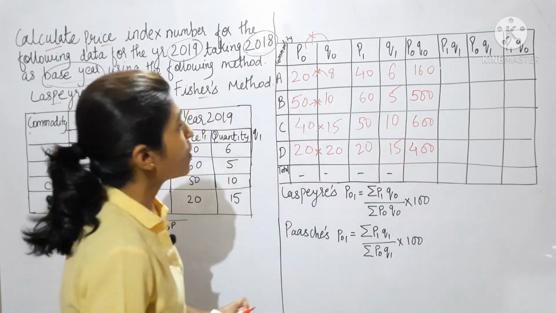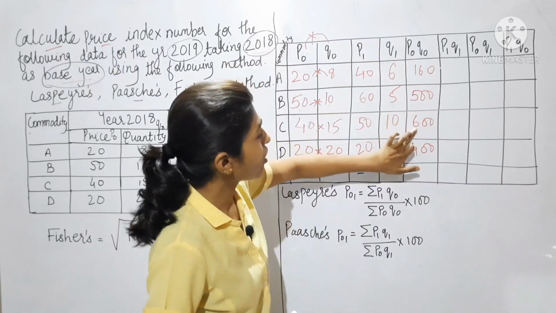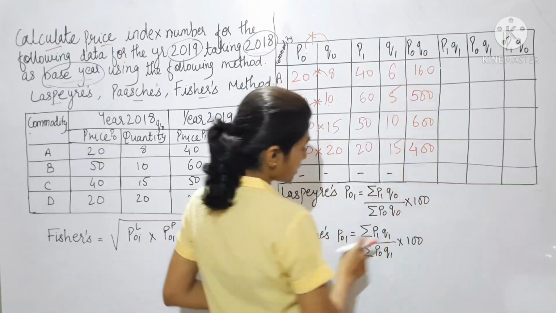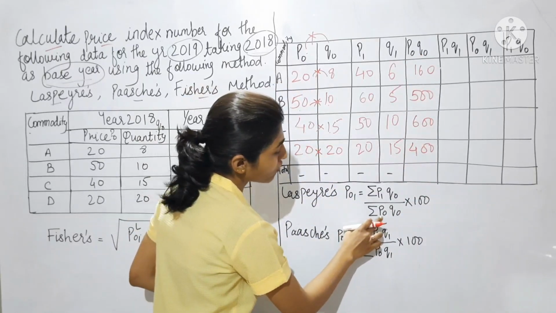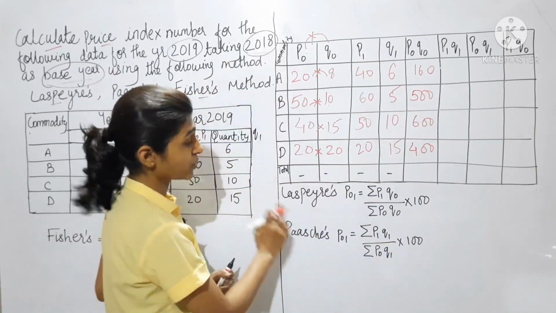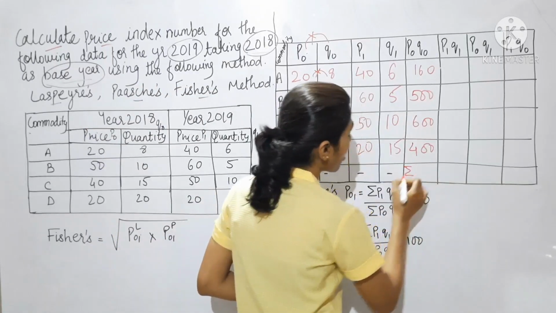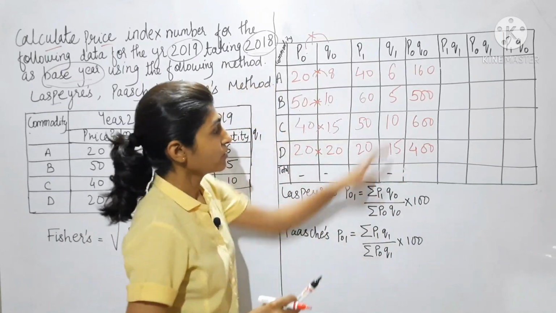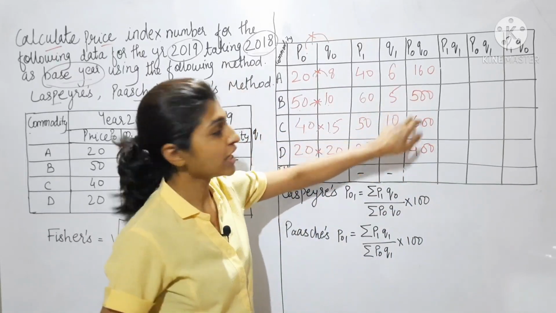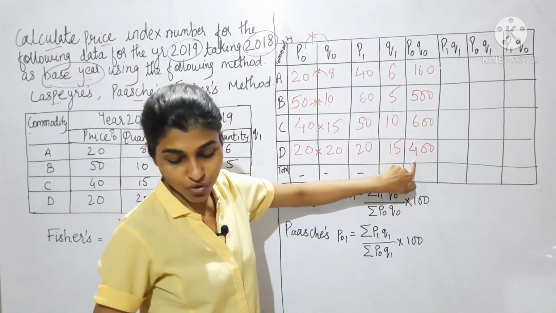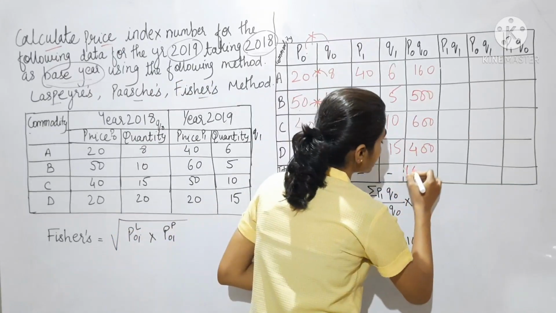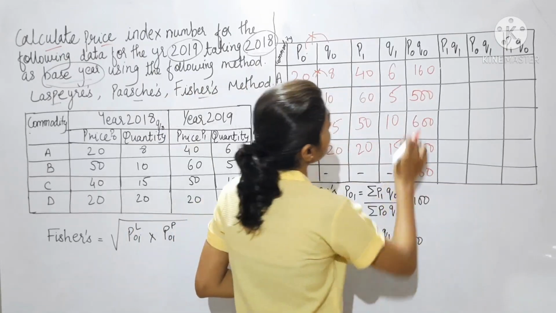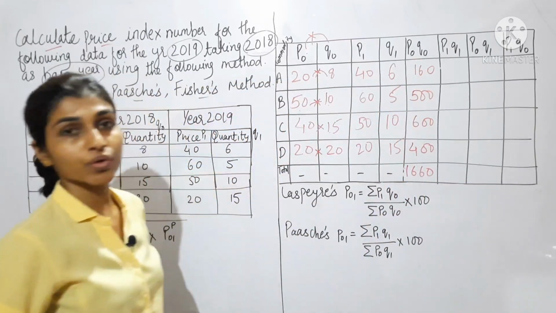Now do the total of all this. That means we get summation of P0 Q0 as per Laspeyres. Total 160 plus 500 plus 600 plus 400, you get 1660. This is the summation of the column P0 Q0.